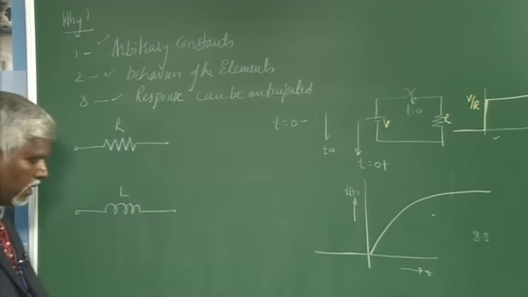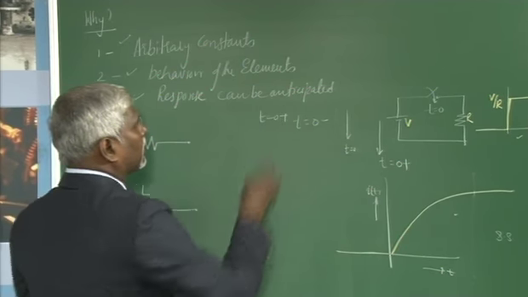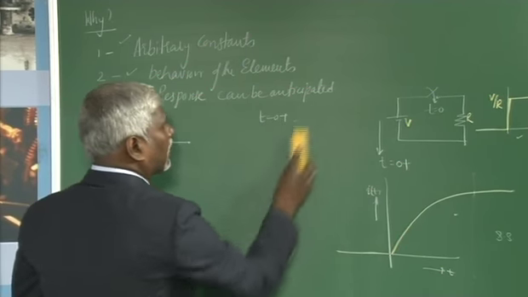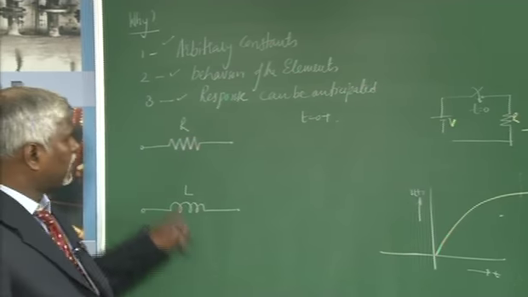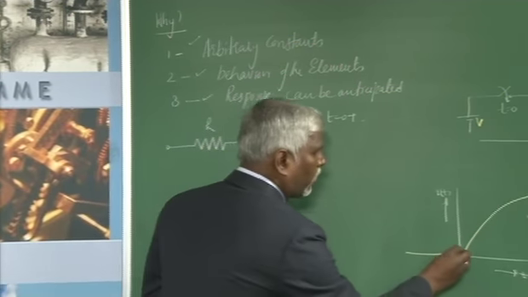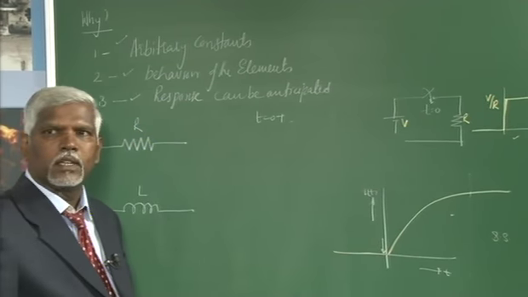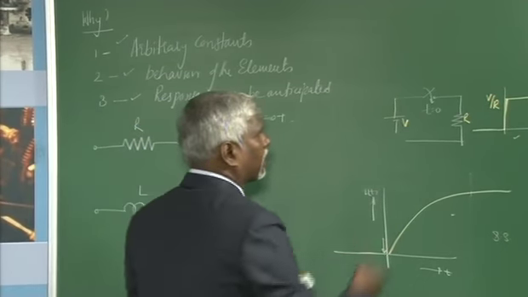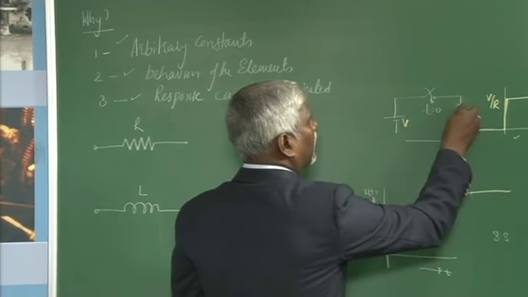So, how does my element behave at t equal to 0 plus? If I want to substantiate that it does not allow any flow of current, observe what the current was before the switch was closed. Current was 0.